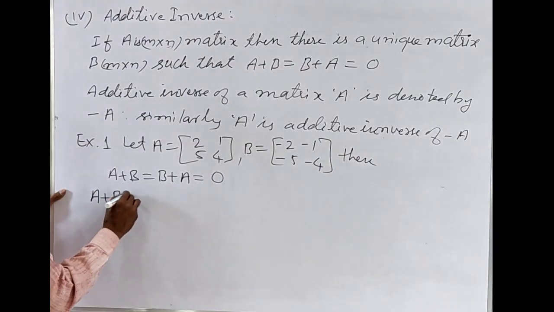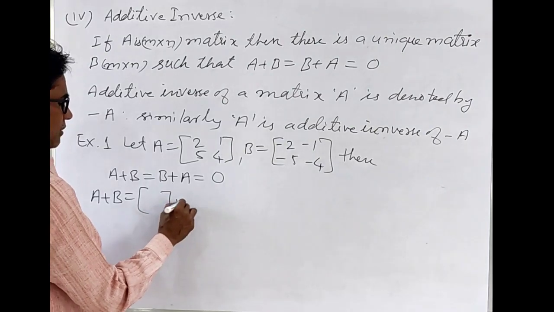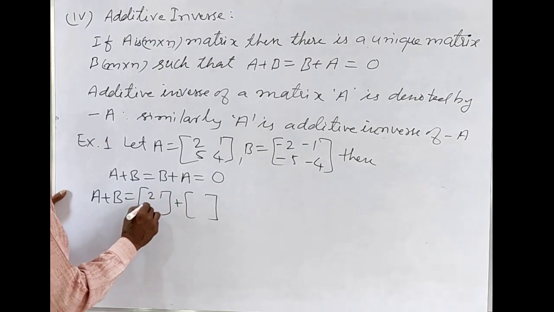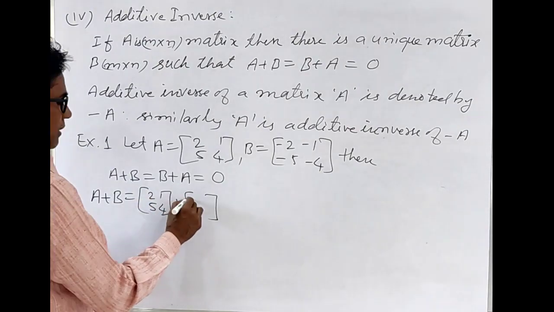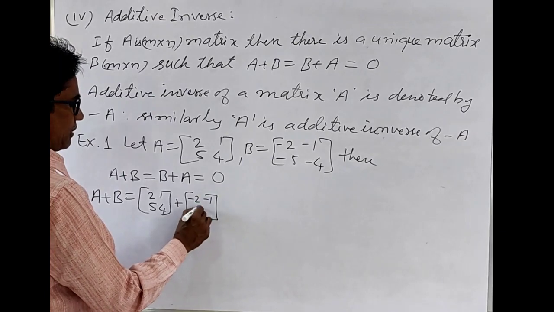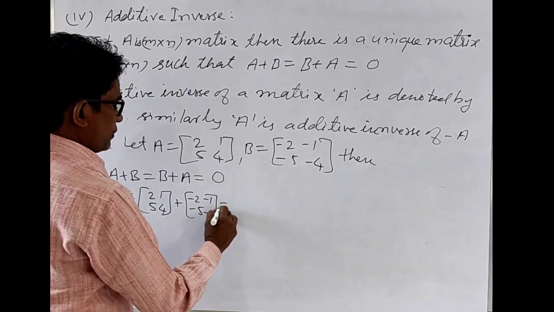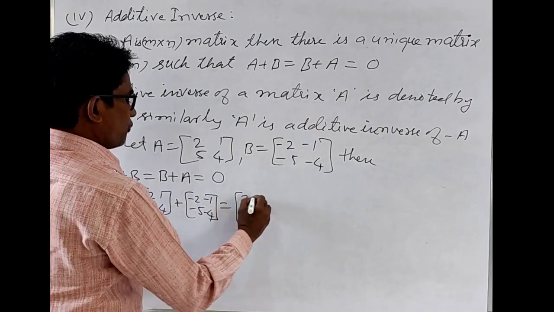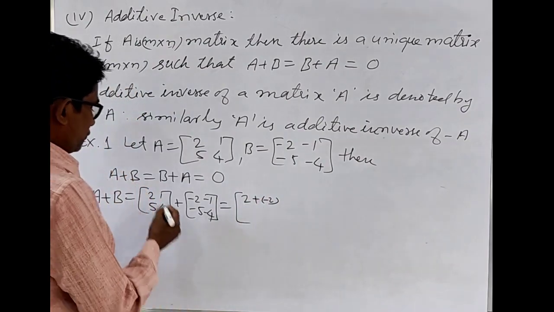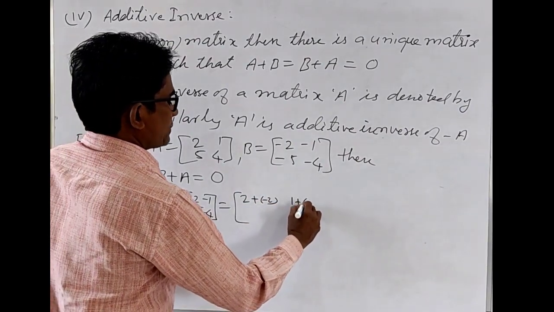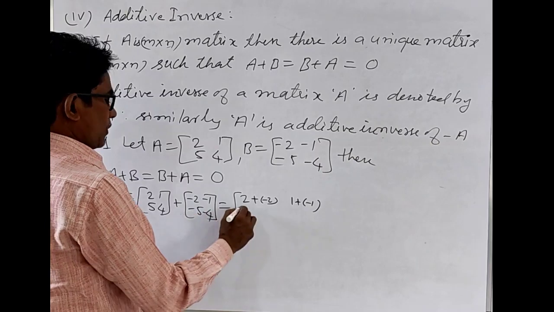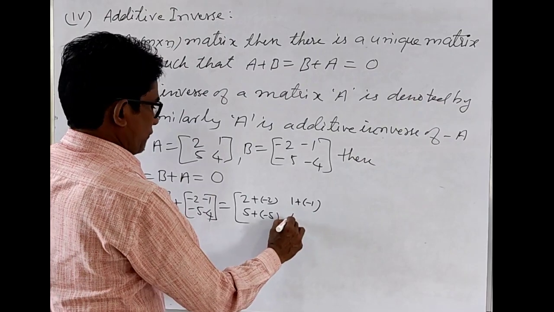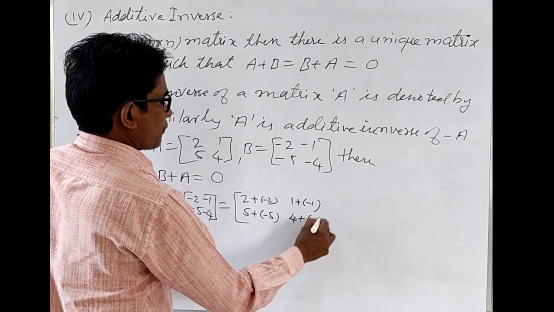So what is A plus B? The element of A matrix plus element of B matrix. 2, 1, 5, 4 and minus 2, minus 1, minus 5, minus 4 is equal to, I add first element with first element, 2 plus minus 2, 1 plus minus 1, 5 plus minus 5 and 4 plus minus 4.